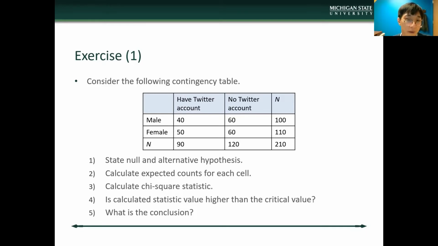As I mentioned before, the critical value for alpha level 0.05 is 3.84. So you will compare the calculated chi-square statistic with the critical value 3.84. Then you will decide whether to reject or not reject the null hypothesis.